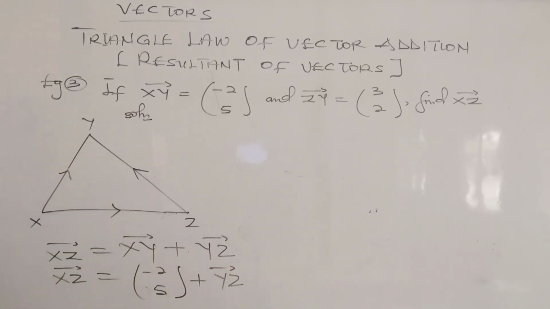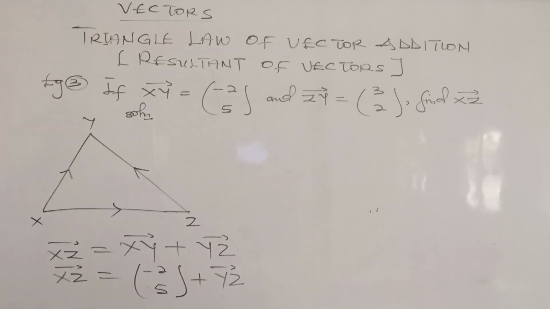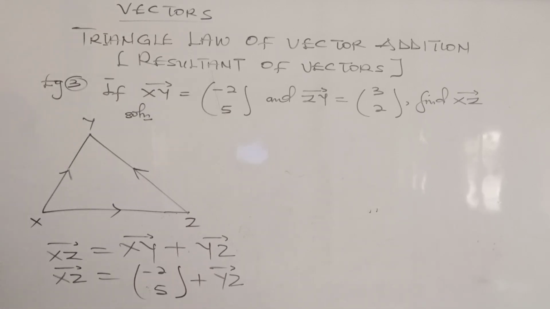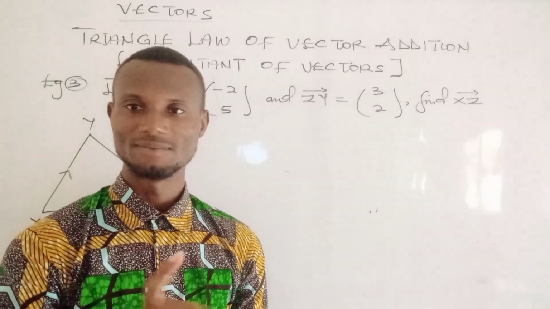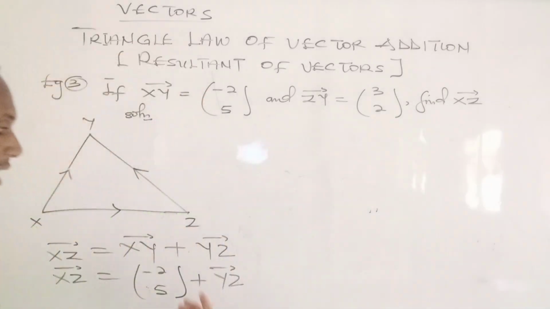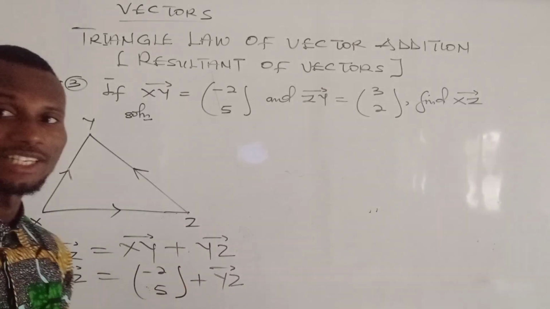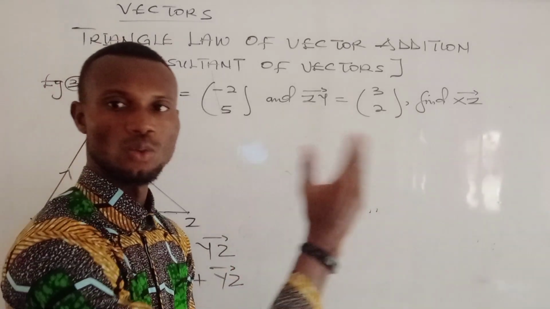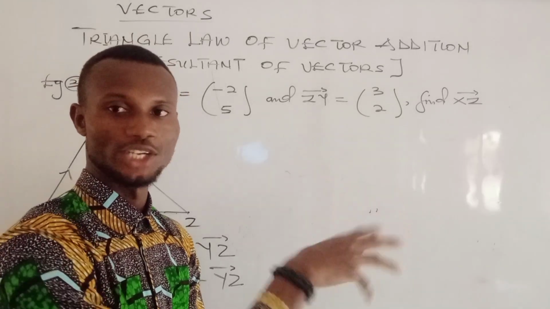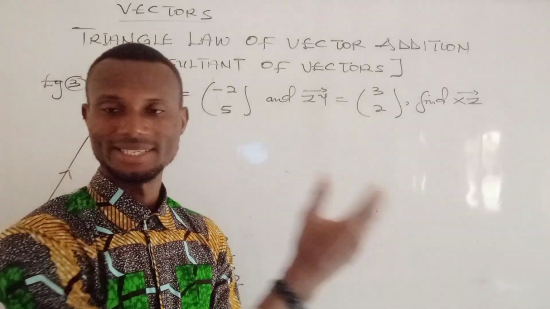Okay, so I hope you understand and you agree with me up to this point. So from here we are going to apply the inverse of a vector that I taught you because we need the vector yz. How do we get yz? We just need to negate zy. When we negate zy, it will give us yz.